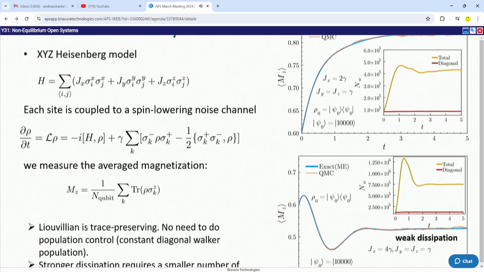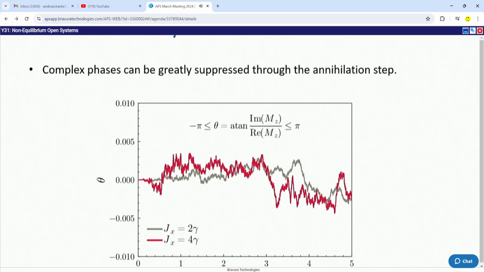So more coherence means a larger computational overhead. And to show that we can perfectly negate the sign problem, we measure the phase angle of our measurements. We can see that all of the phases of our observables are very small over the course of the simulation time.